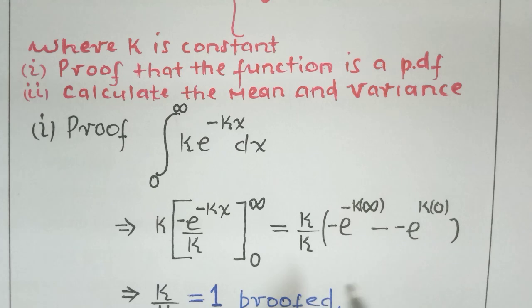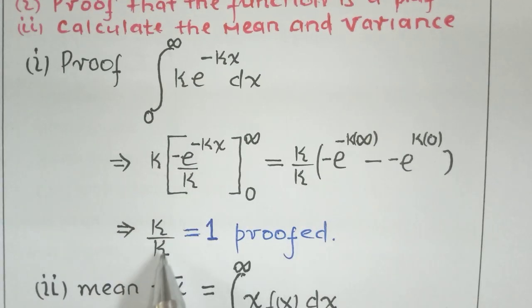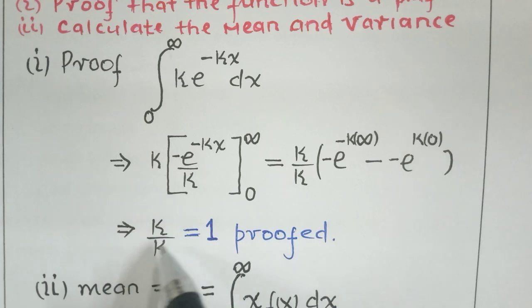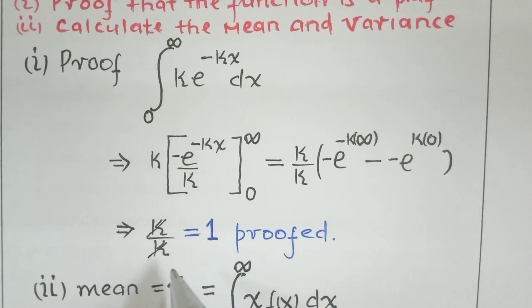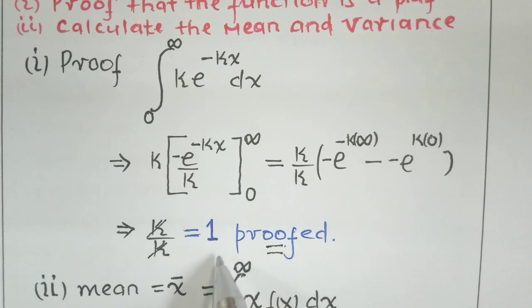So the whole of this is going to give us 1, and so we are going to have k all over k. If we cancel that and that, we get 1. So it means that this is actually a PDF, because it gives that value of 1.